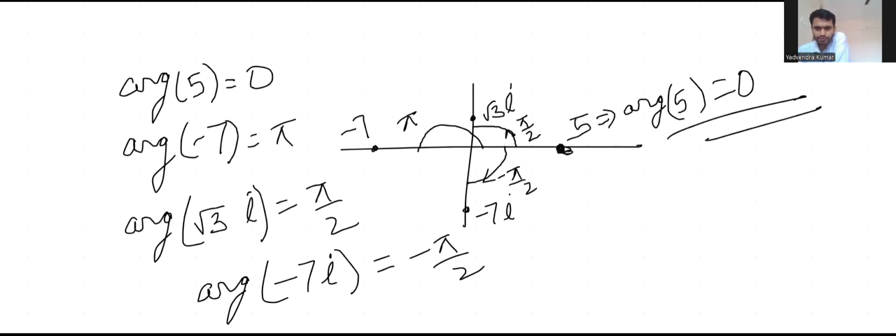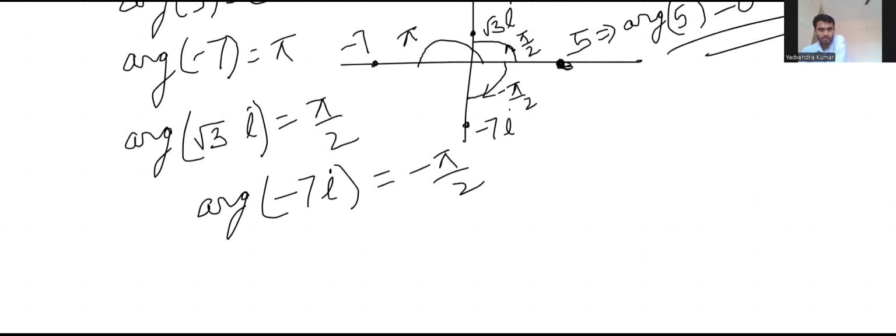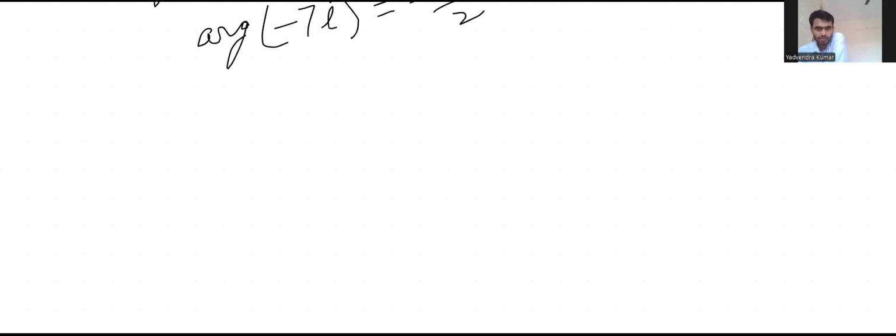Now, a few things are left out regarding locus and all. In the case of locus, the distance between two complex numbers Z1 and Z2 is going to be modulus of Z1 minus Z2.